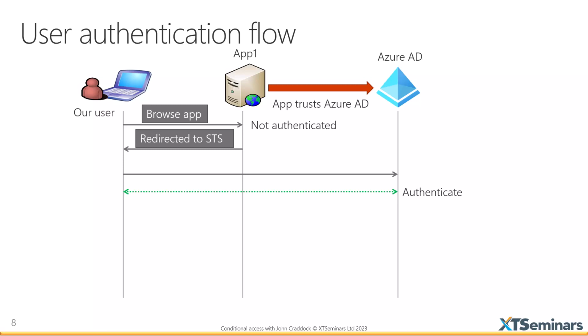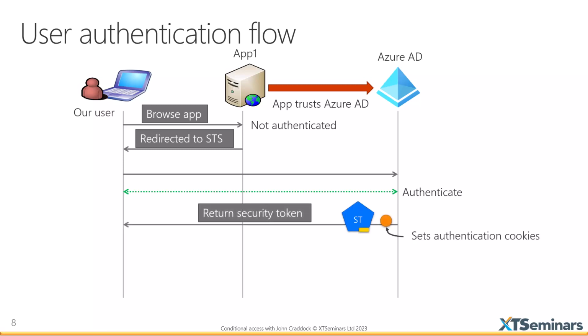Once we're authenticated, Azure AD returns a security token, and that security token is appropriate for the protocol. So if the protocol was SAML, that would be a SAML token. If the protocol was OpenID Connect, that would be an ID token. Azure AD also sets an authentication cookie, and that authentication cookie proves authentication to Azure AD.